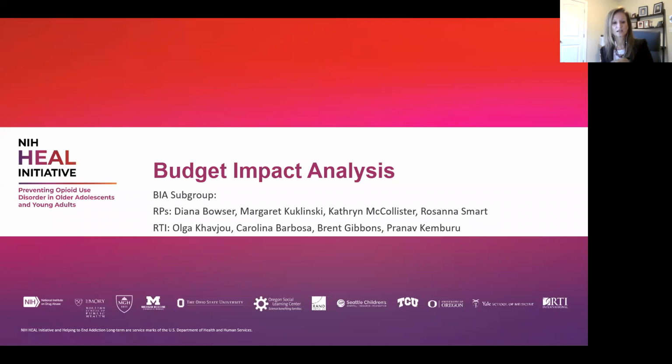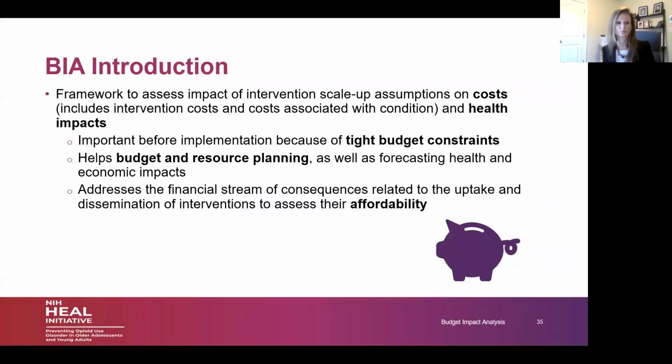So on the next slide, we start with the introduction to budget impact analysis. This type of analysis is an essential part of a comprehensive economic assessment of public health interventions. As Margaret just described, cost effectiveness analysis is where you compare costs and benefits of competing interventions.